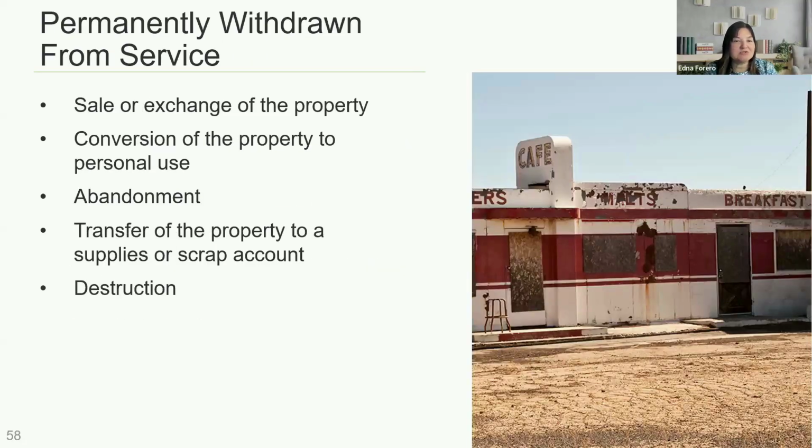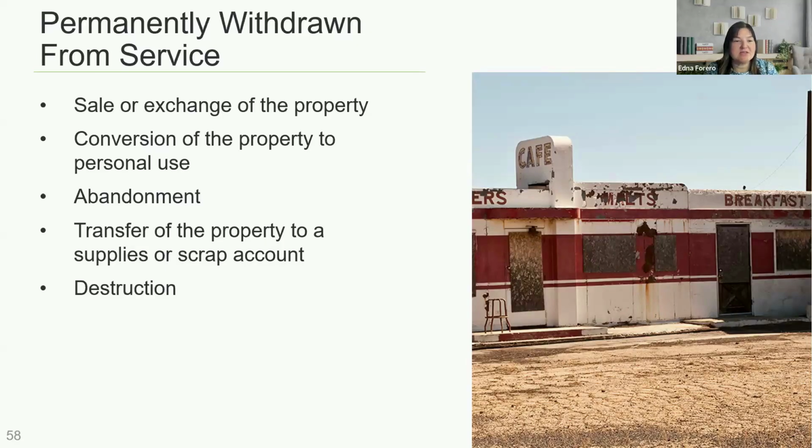Looking at the permanently withdrawn from service date, as I mentioned on the last slide, looking at when the life of the property is no longer available. Do we need to scrap it? Do we destroy it? Is it abandoned now? Is it no longer being in use? Did we sell it or exchange it? So that's when we have to stop the depreciation, when it's retired from service, when it's recovered its cost completely through depreciation, whatever comes first.